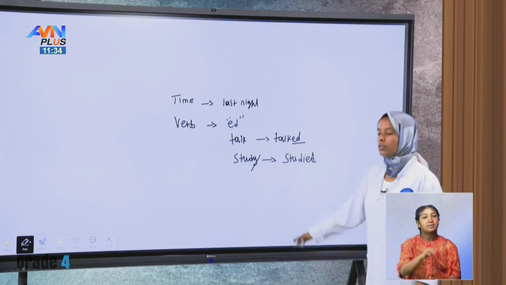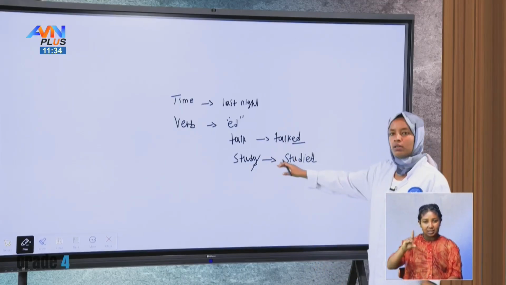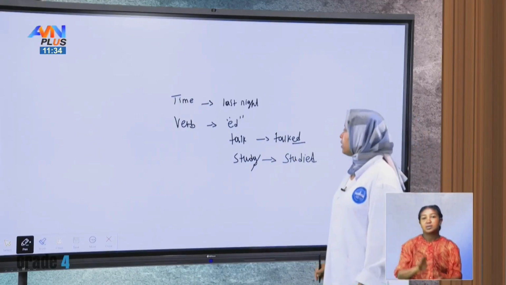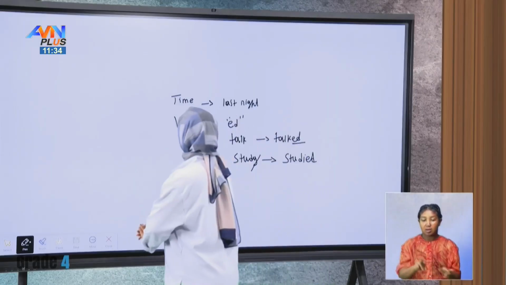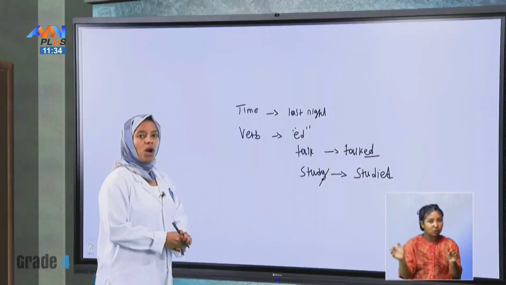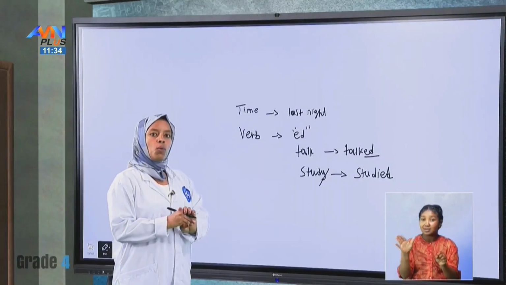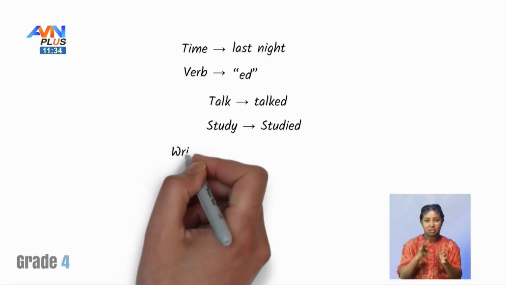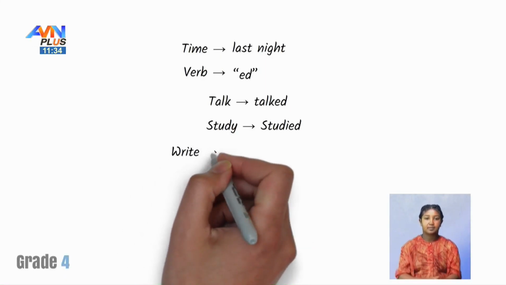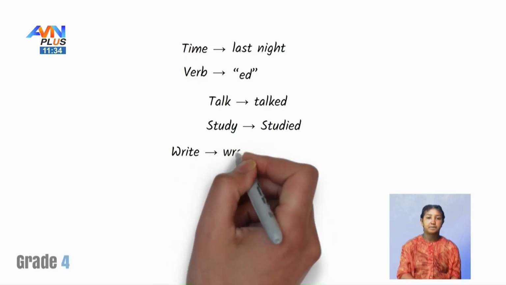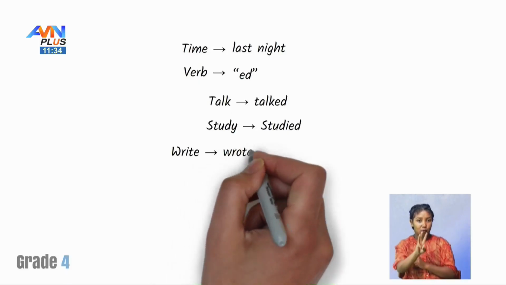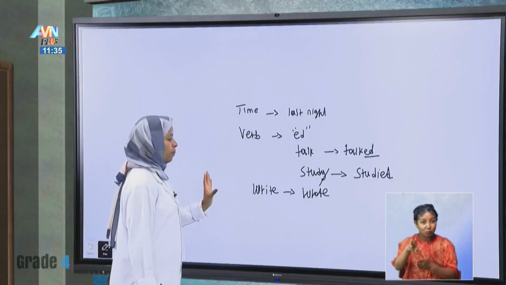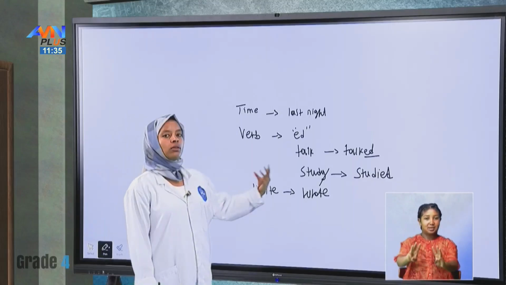Study, studied. Study, studied. The next thing, some verbs are irregular, changing the whole word. For example, write, V2 wrote. This is an irregular verb, write, wrote.